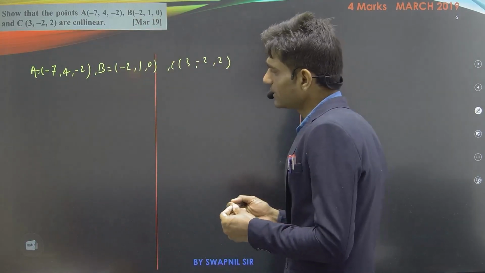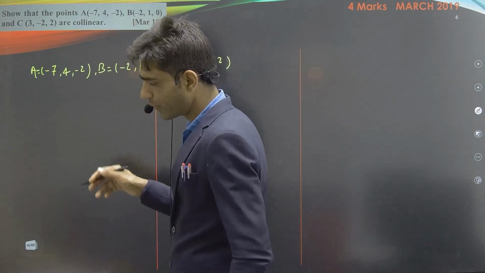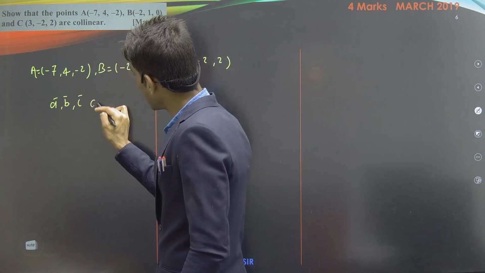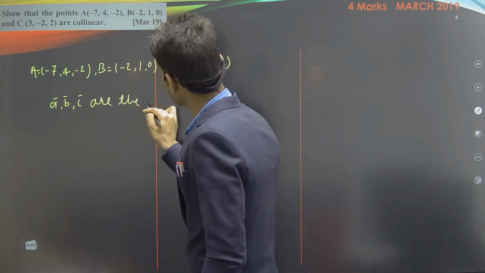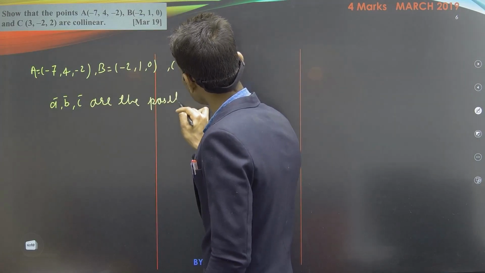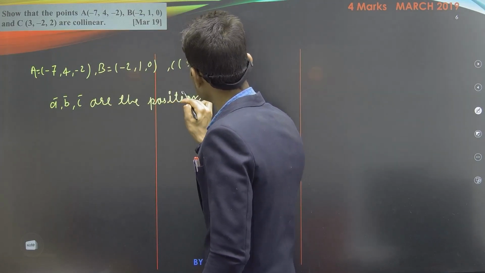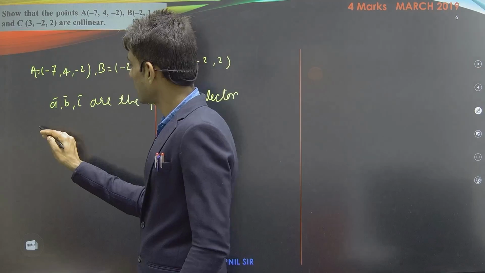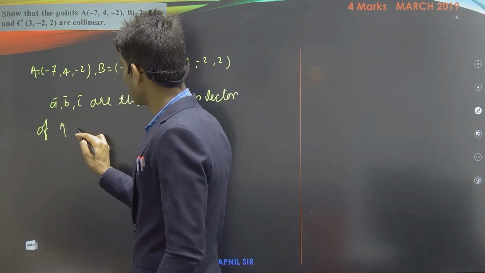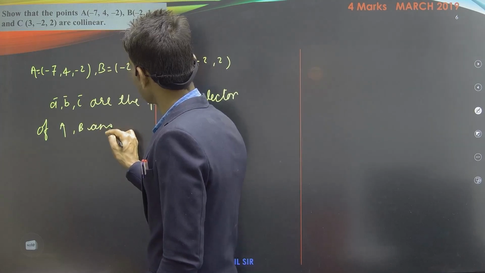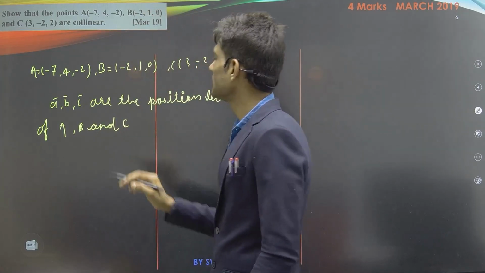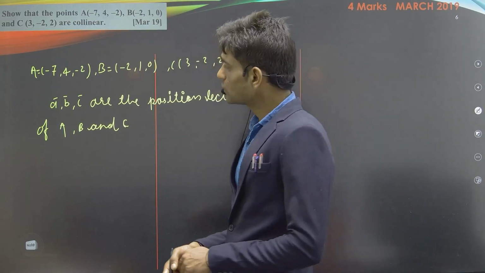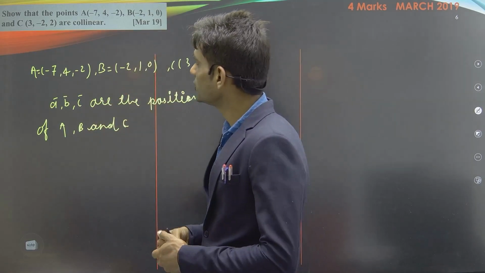So let's consider a bar, b bar, c bar as the position vectors of points A, B and C.